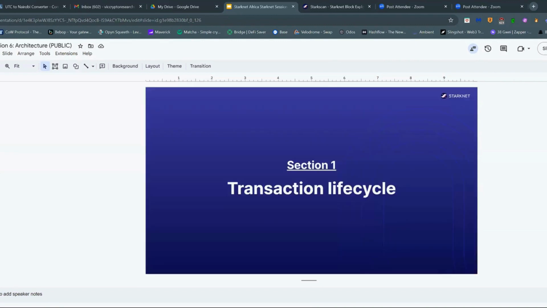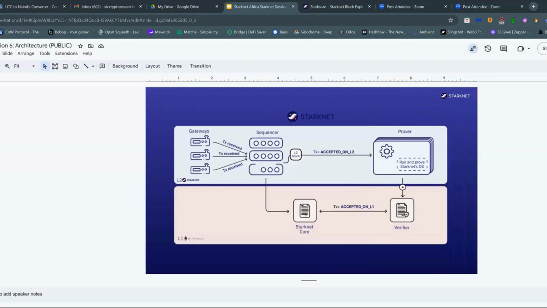Let's start with the transaction lifecycle. I take it most of us have been able to carry out transactions on Starknet, whether on testnet or even on mainnet. We are going to focus on mainnet, but I think the process is pretty much the same.